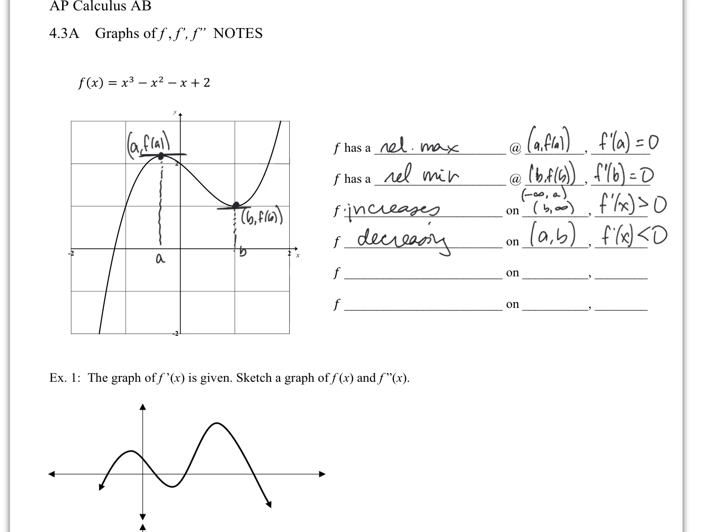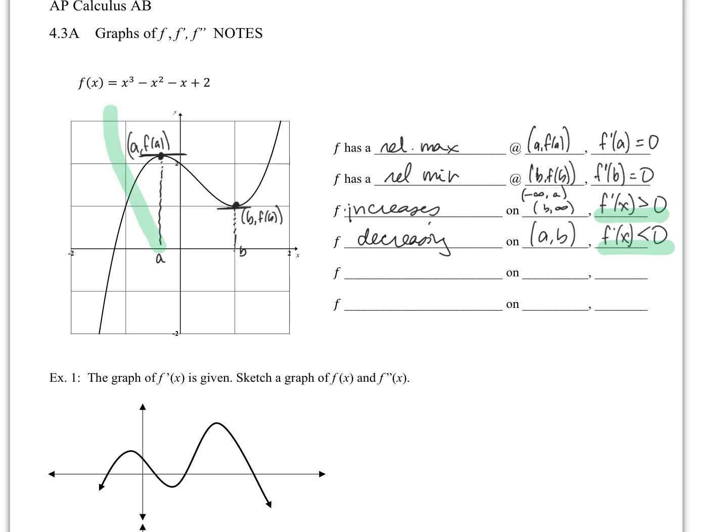Okay, so I'm going to grab a highlighter here. Okay, highlighter. That's not a highlighter. That's a highlighter. Okay, and I'm going to try to draw a picture of these two situations. So we said from negative infinity to a that the slope was positive. So positive all the way to a.